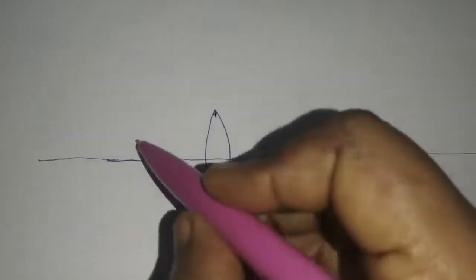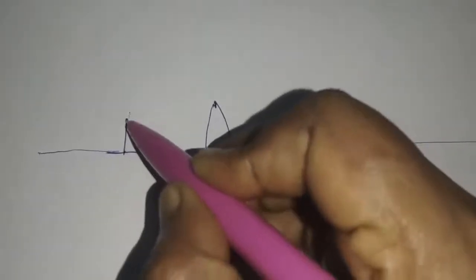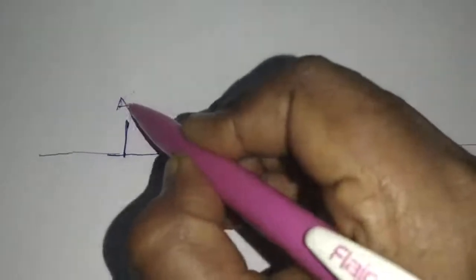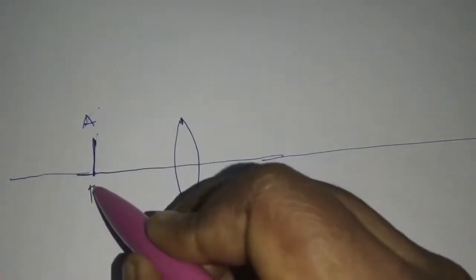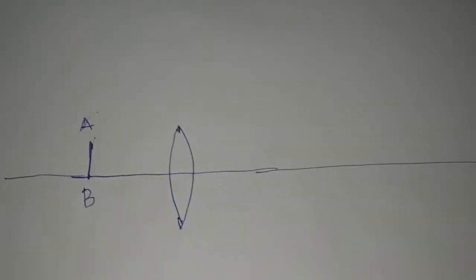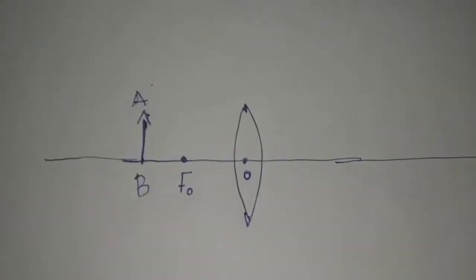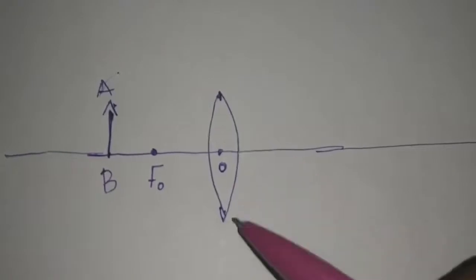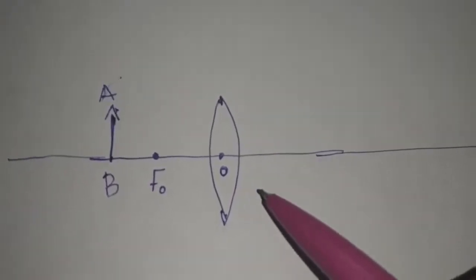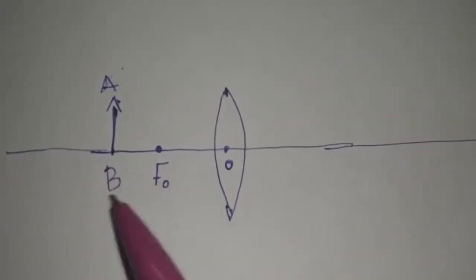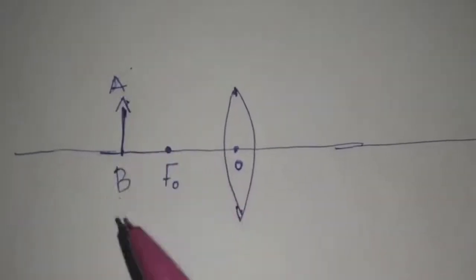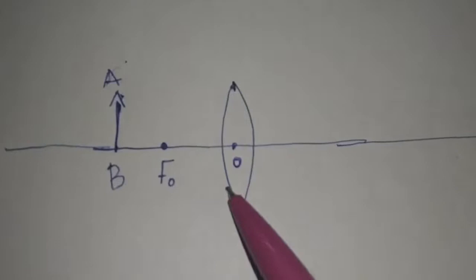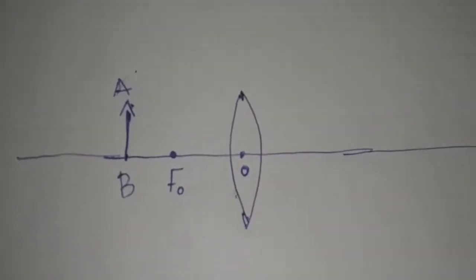And then I am going to place the object AB. Students, this is the first lens with a shorter focal length, placed near the object AB, and it is also known as the objective lens or objective piece.